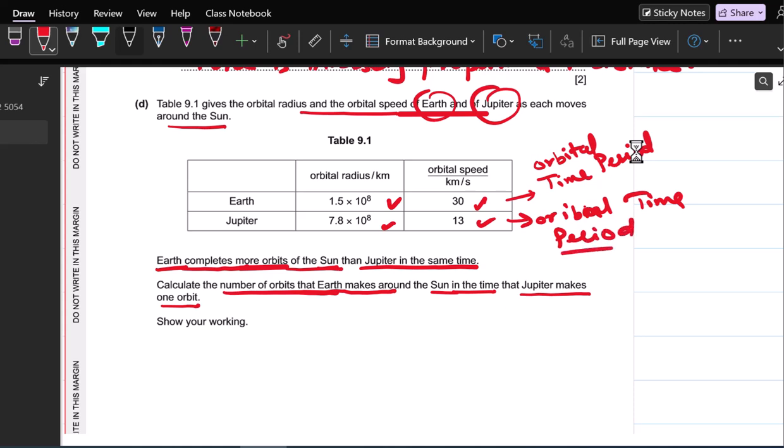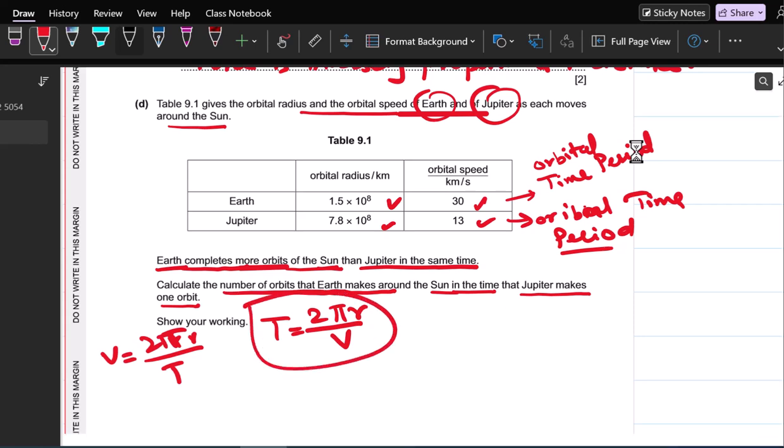We will get how many orbits are greater. So we know T is equal to 2 pi r over v. How does it come? We know orbital speed is equal to 2 pi r divided by T. So we will be using this relation.